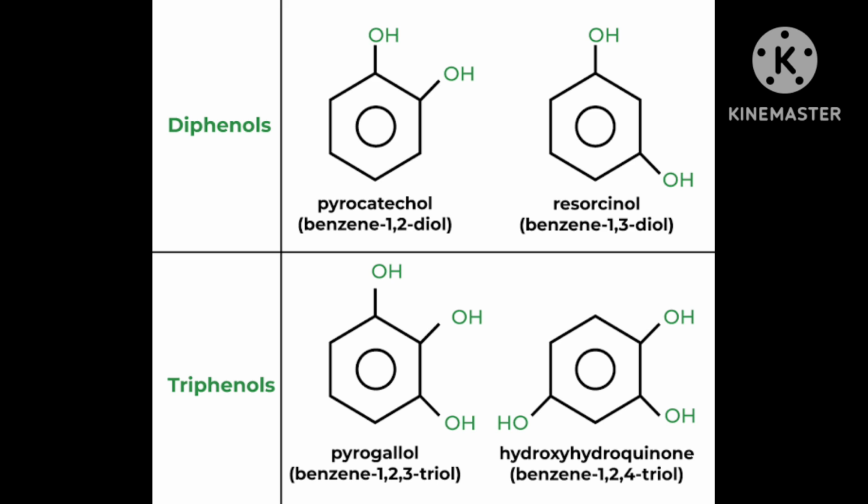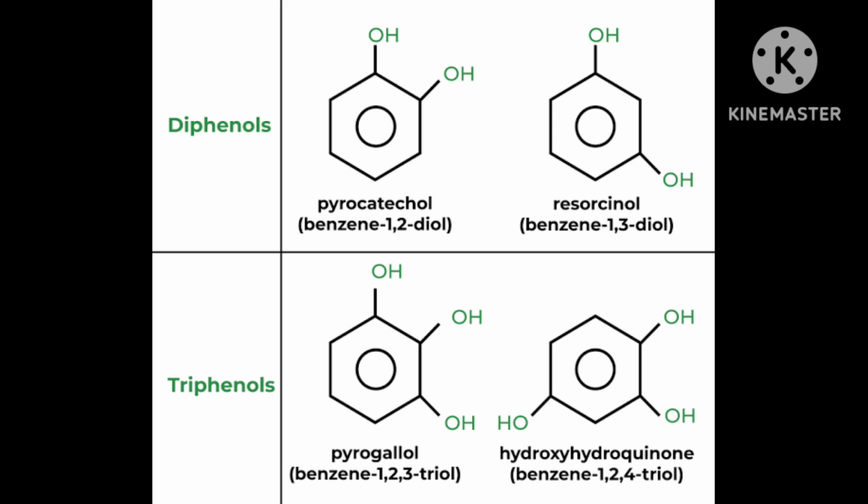But here in this ring, with 1 carbon OH is attached, and with another carbon CH3 is attached. Means 2 groups are there, one is OH, other is methyl. With respect to OH, next to OH CH3 is attached.